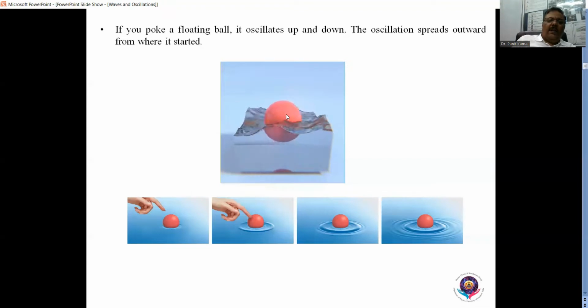But the disturbance is traveling in the form of waves. While it is going down, it is giving pressure, and there is a disturbance which is traveling on the surface. See here, these are the disturbances.